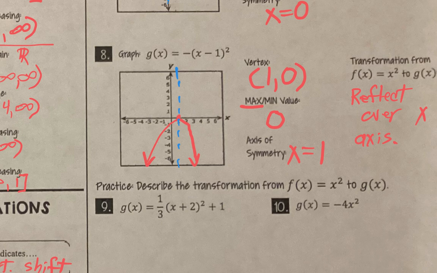And then I am going to shift 1 unit to the right. So horizontal, that doesn't look like horizontal. I'm just going to say shift right 1 unit.